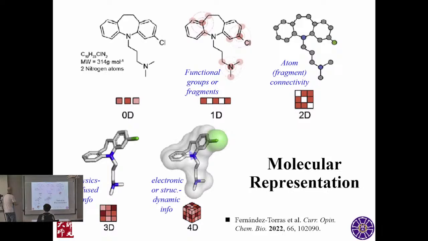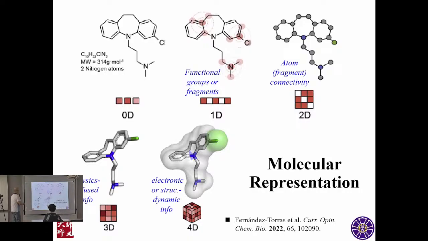So there is very limited information embedded in this written form. Let's define this as 0 dimension. You can also extend the molecule if you write a more complete chemical formula. In that case, you can identify the functional groups of the molecule.